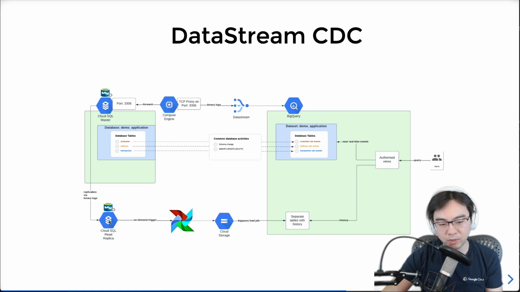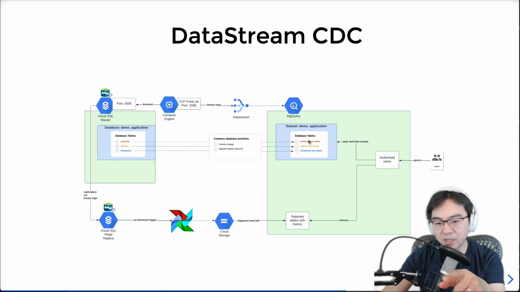So if you have the read replica, what you can do is to have an Airflow job, with an on-demand trigger, to grab the whole table from the read replica, which would not affect the normal database operations, dump those files into cloud storage as, for example, JSON lines, gzipped, and then load them into separate tables, right?